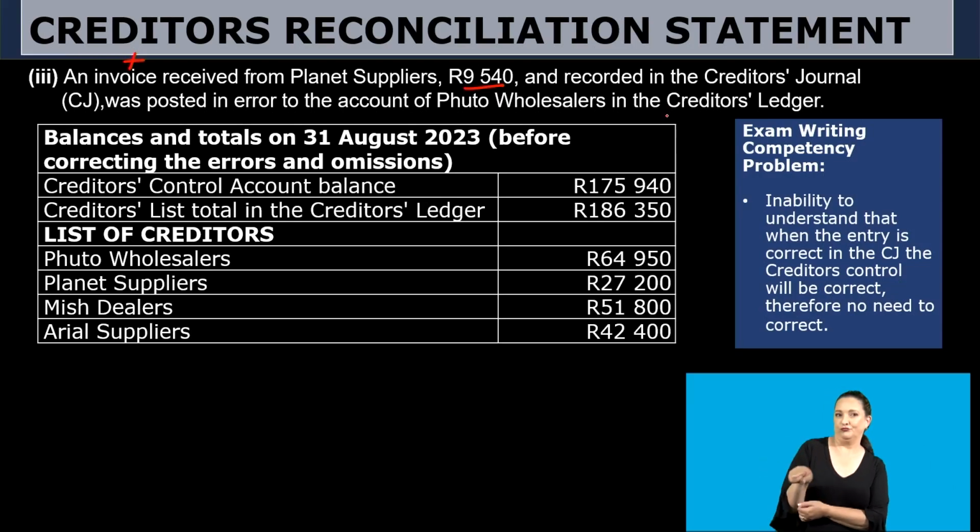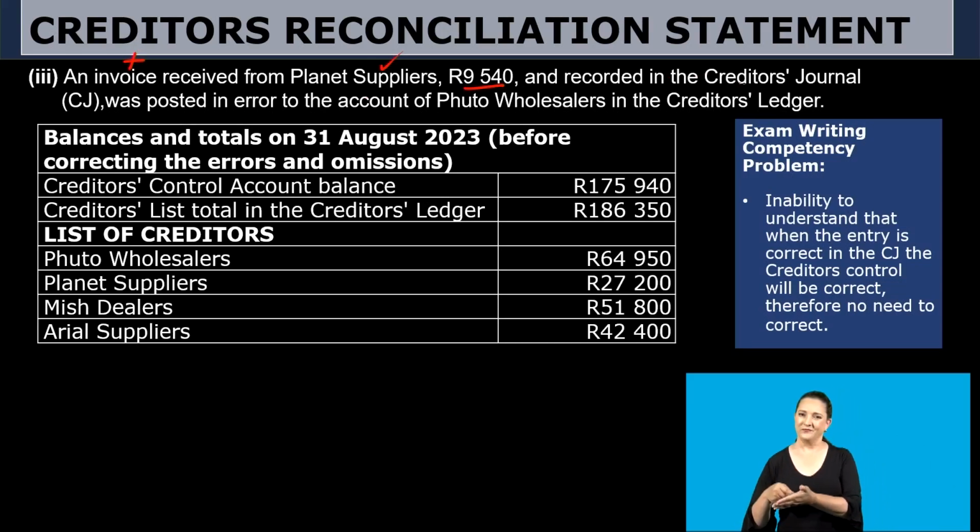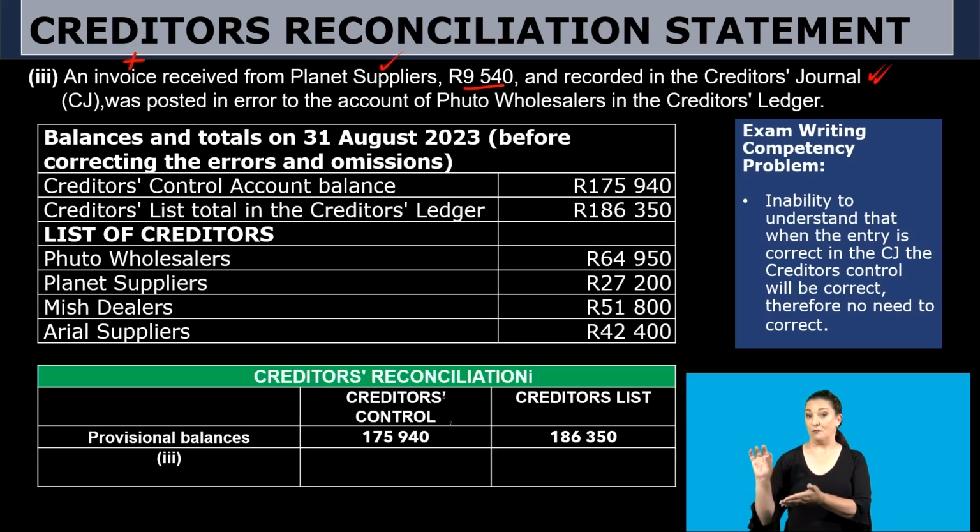So you can see here that this invoice is from Planet Suppliers, but it was recorded in the Creditors Journal. That means here the CJ is correct. Once the CJ is correct, it means my control is also correct.